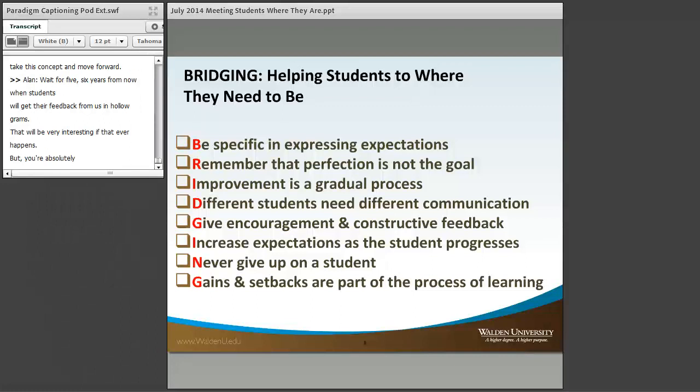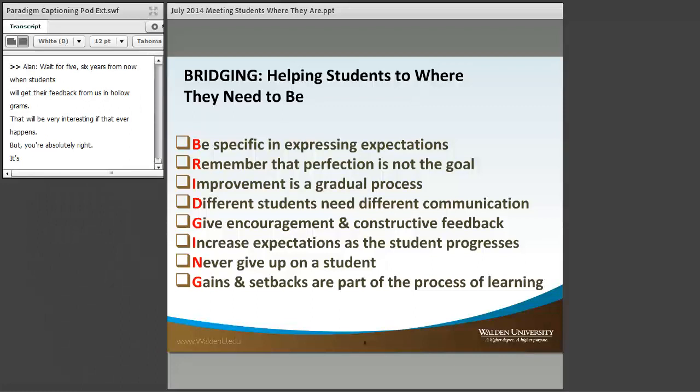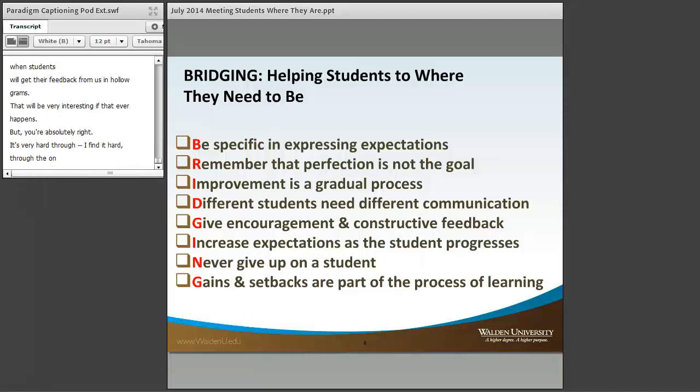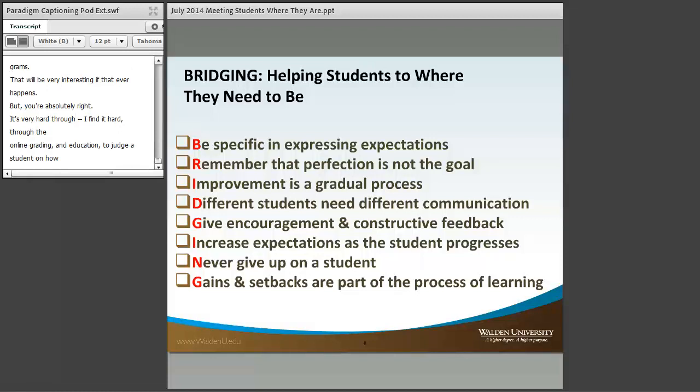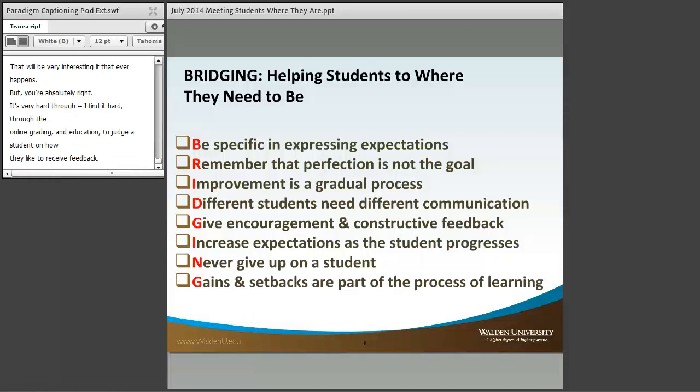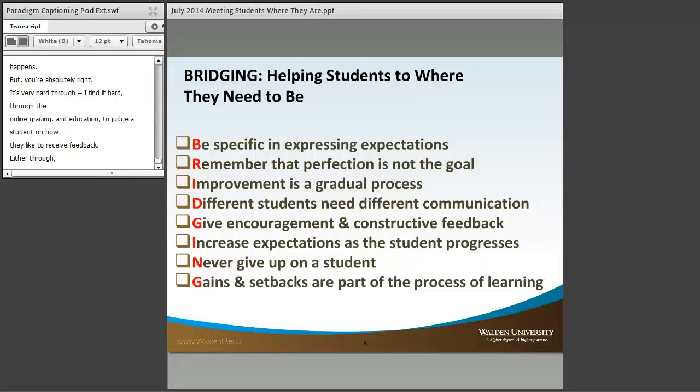I find it hard, through online grading and education, to judge a student on how they like to receive feedback, either through a chat, getting together with them, calling them, or through the written word. So it really varies, and judging how students receive it better or best is a difficult situation for some.